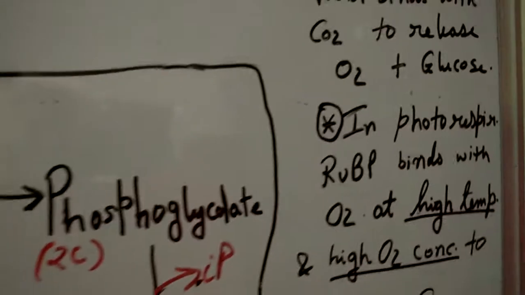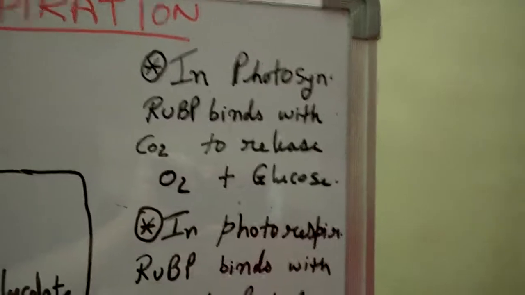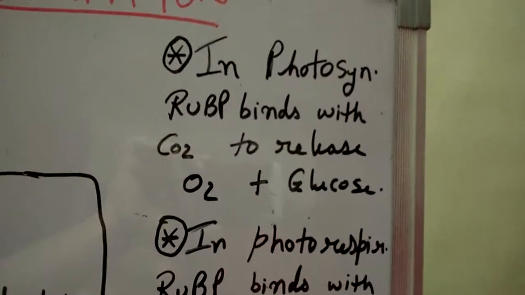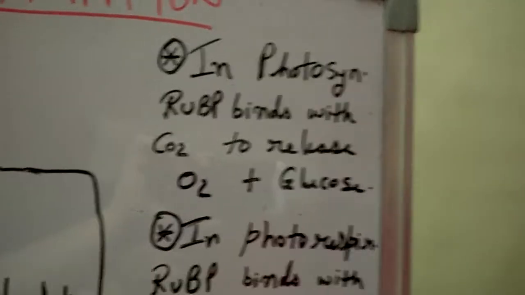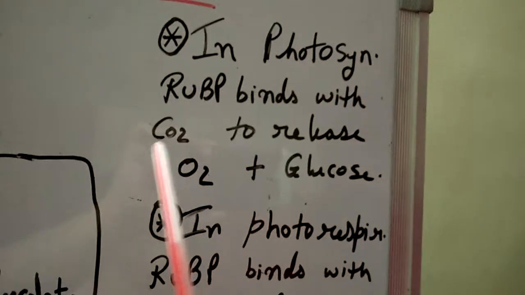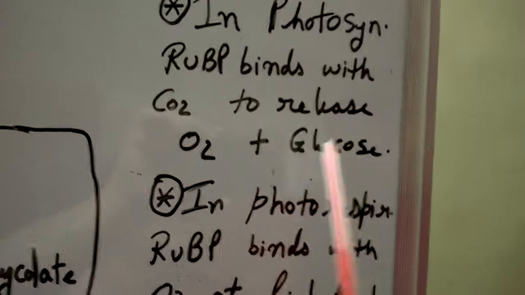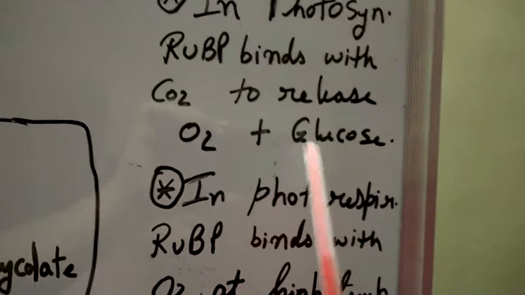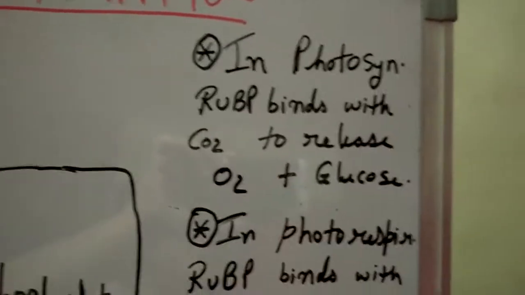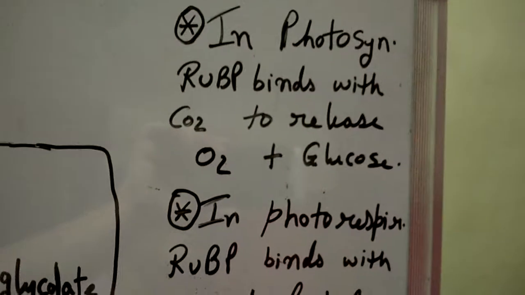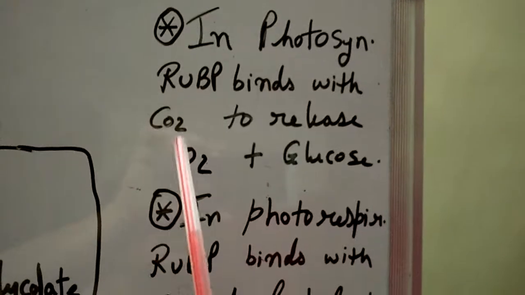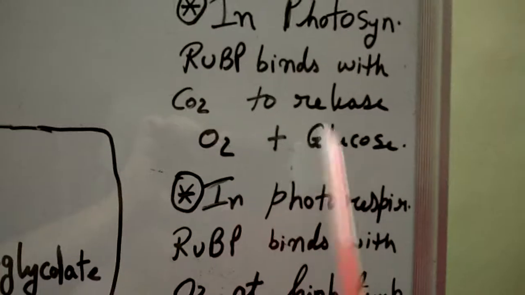Now if I give you the points here, these are some very important brief points regarding this topic. So the first point is, in photosynthesis, RUBP binds with carbon dioxide to release oxygen and glucose. So in photosynthesis, RUBP will act as carboxylase but not oxygenase, because RUBP is binding with carbon dioxide to release oxygen and glucose.